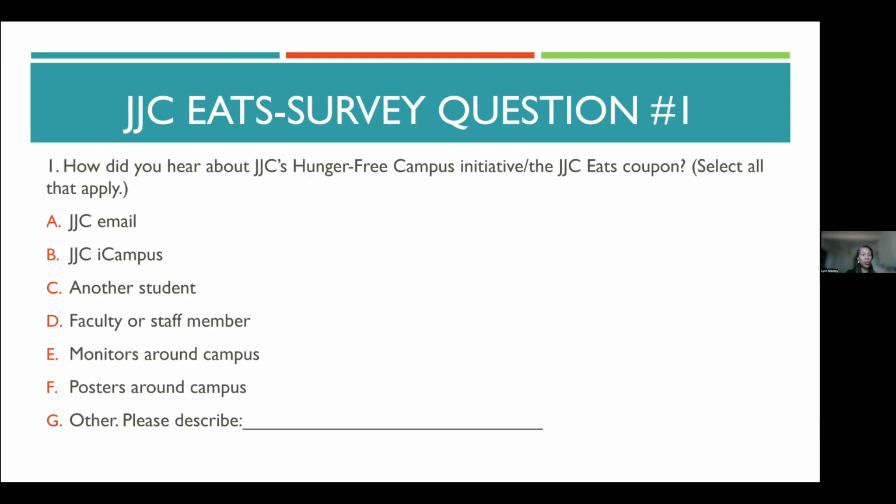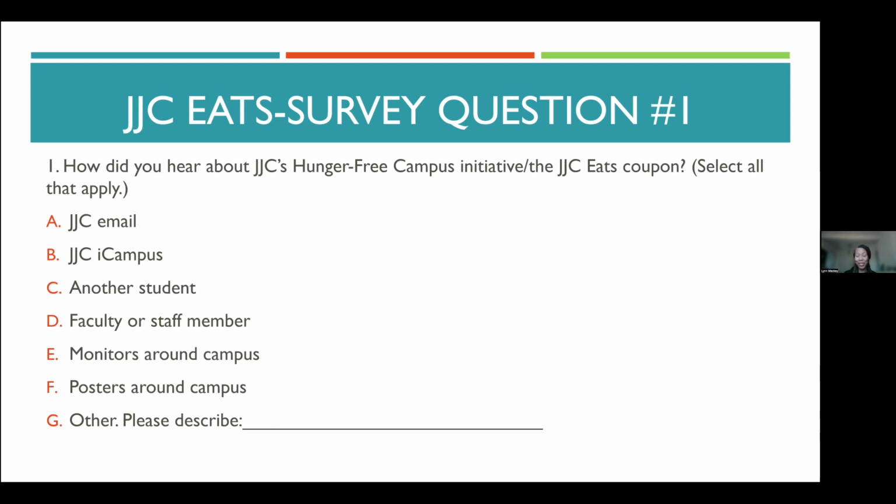All right, so the first question was just, how did you hear about this program? And 60% of the students heard about it through just the posters that were up on campus. About 30% heard about it from faculty and staff, because we did let the whole campus community know what was going on with the program. But by and large, students found out about it from the posters that were on these different strategic spots around campus.